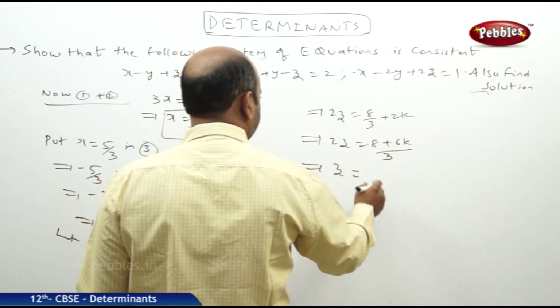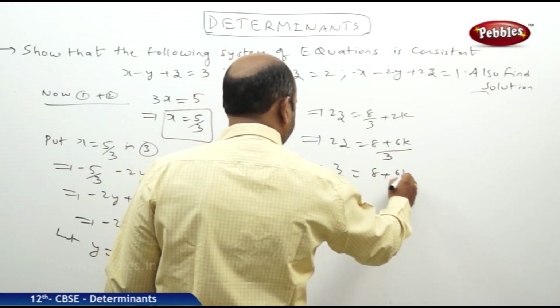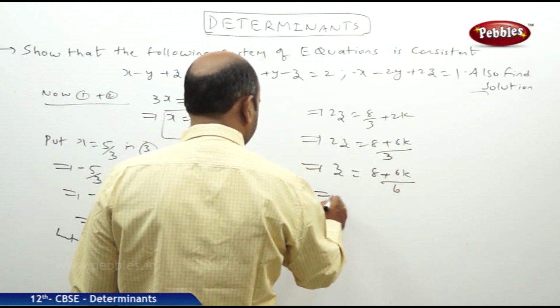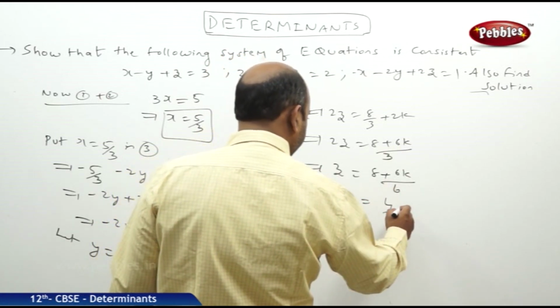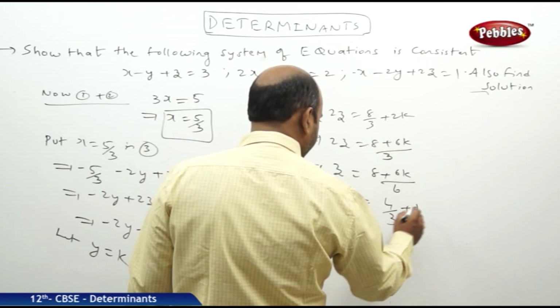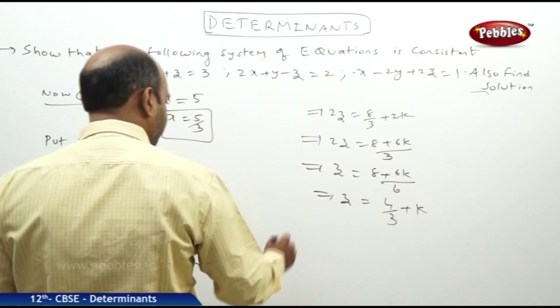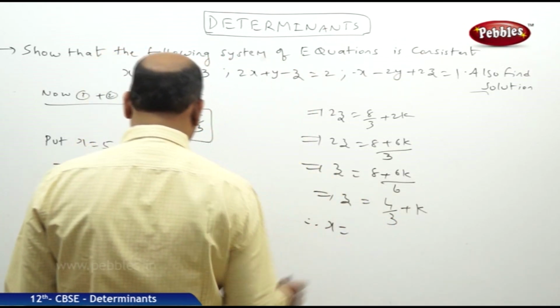That implies z is equal to 8 plus 6k by 6. That means z I can write as 4 by 3 plus k, because 8 by 6 is 4 by 3.